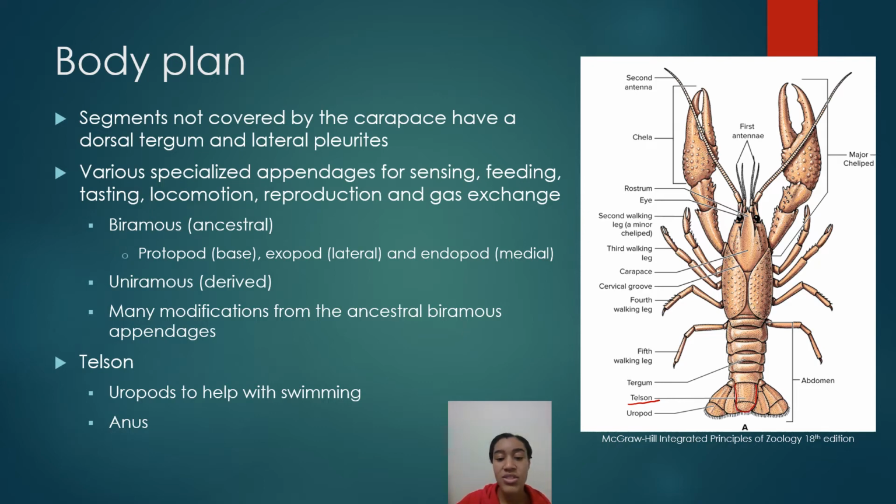And then they have these uropods on the sides that give it that fan-like look. And this is all to help the organism swim around. So this is clearly very specialized for swimming in the water. And then the telson is also where the anus is located. So they have a complete gut: a mouth, intestines, and an anus.